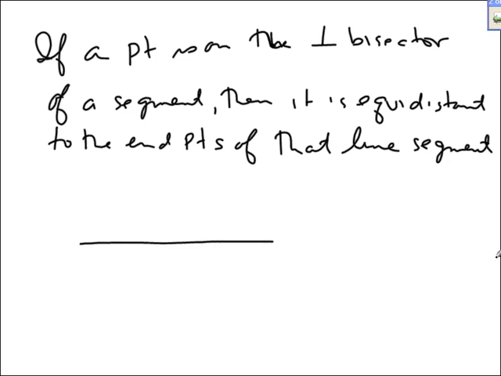You have a line segment, and you consider the perpendicular bisector. That is, you go dead center and you draw a line where this length and this length are the same. Okay.